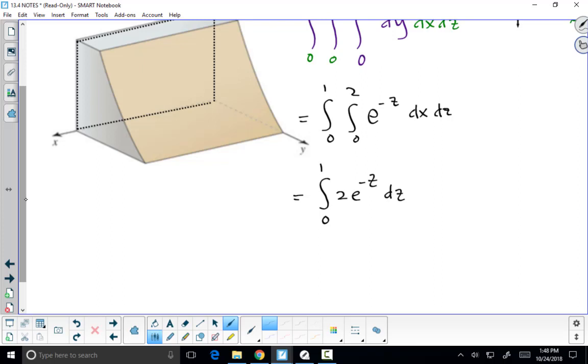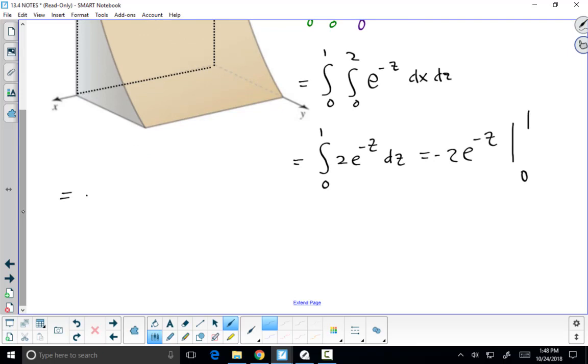Integrate that with respect to z, we get itself divided by the derivative of the exponent from 0 to 1. So we get -2 multiplied by e to the -1 minus e to the 0, which is 1. If we multiply this all out, we get 2 minus 2 over e.